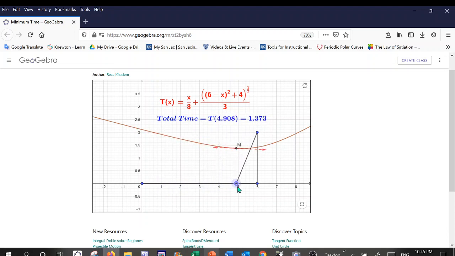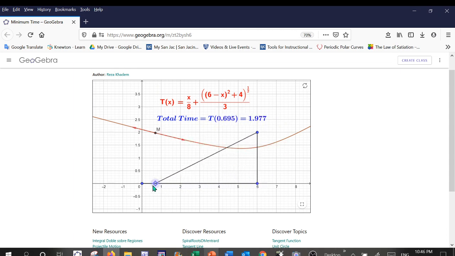And notice that when it becomes horizontal, it's about right there, 5 point something that we found. You see this is the time. So time starts from here and goes all the way down to this point and goes up, right? As you see. So I didn't let it go past that because we don't really want to go past that, right?